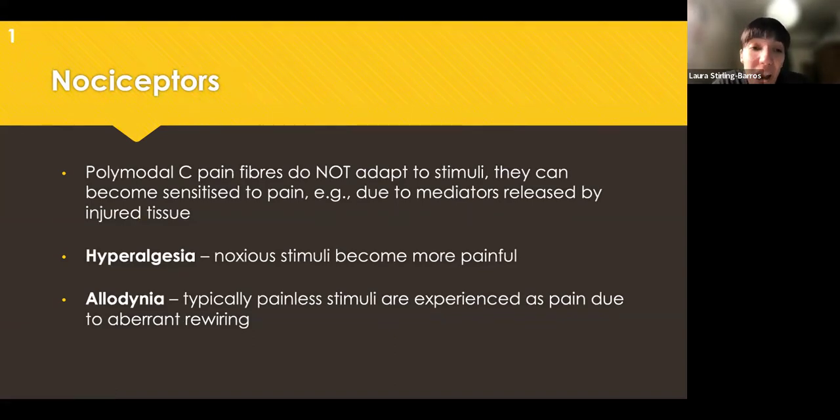Whereas allodynia means where typically painless stimuli, such as touch, can then later be perceived as pain due to some aberrant wiring. But this is like a long-term response, whereas hyperalgesia is usually you have an injury and you have some chemicals thrown about because of the injury, and then it will just hurt more because it's a protective response.